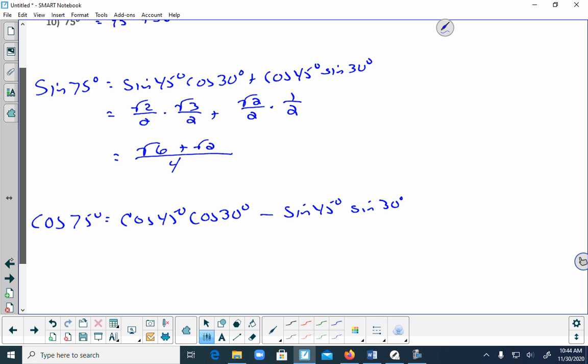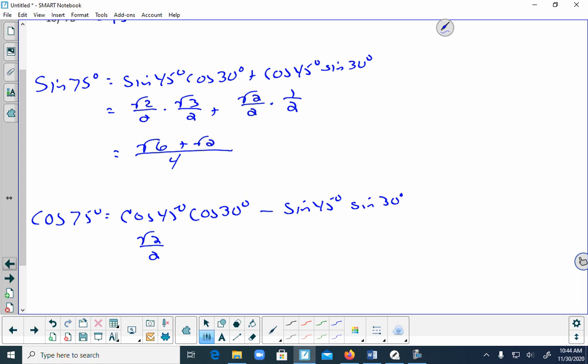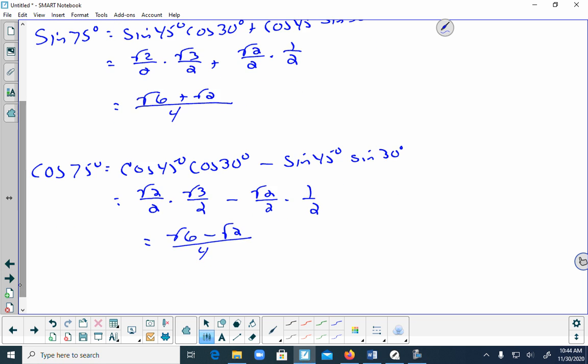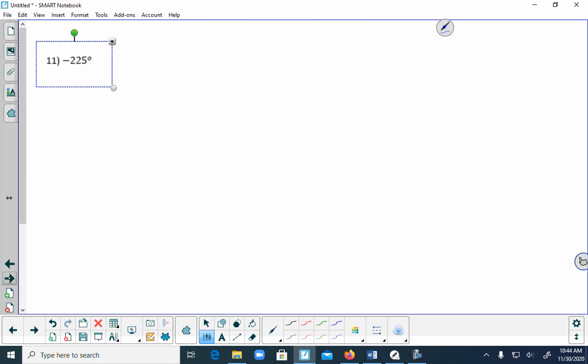So to do that, that's going to be the square root of 2 over 2 times the square root of 3 over 2 minus the square root of 2 over 2 times 1/2. So when I multiply these numerators, it's the square root of 6 minus the square root of 2 all over 4. And that's equal to the cosine of 75 degrees. Okay, the next one, negative 225.